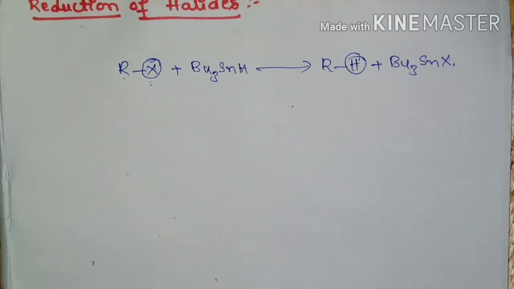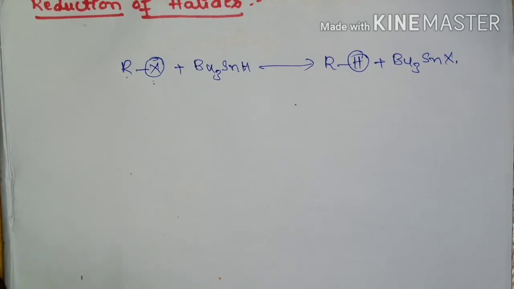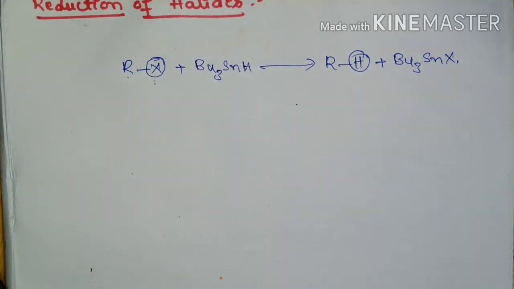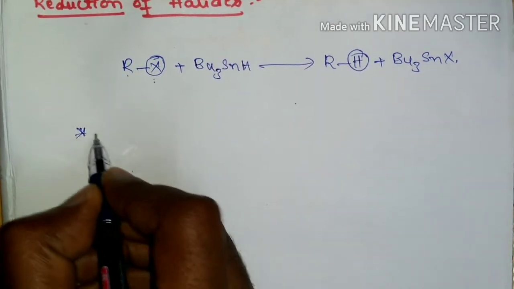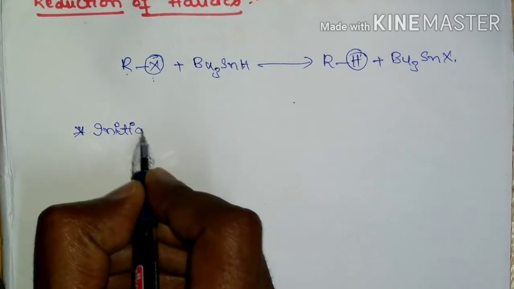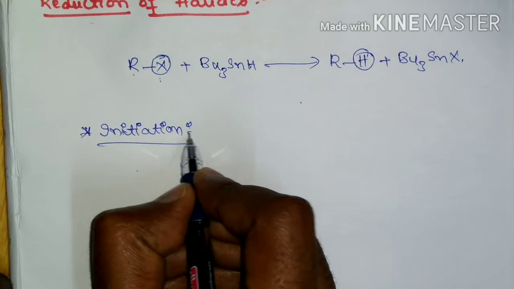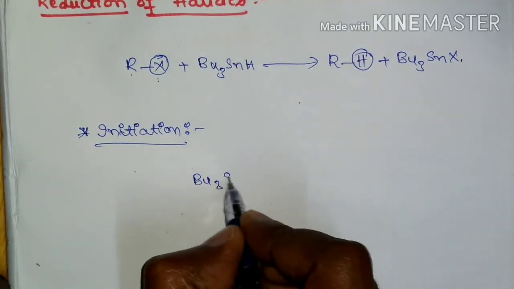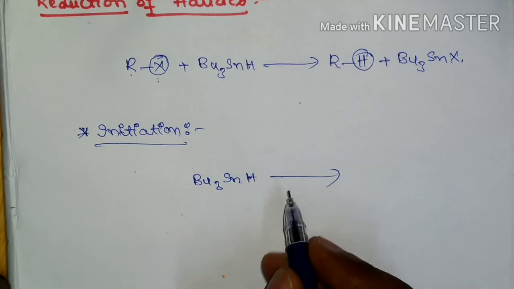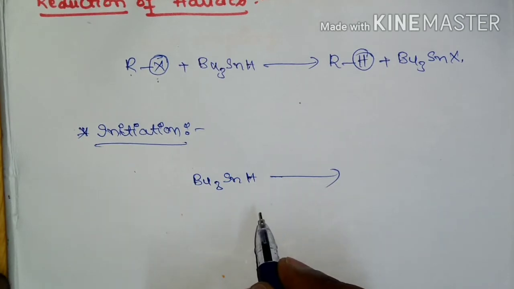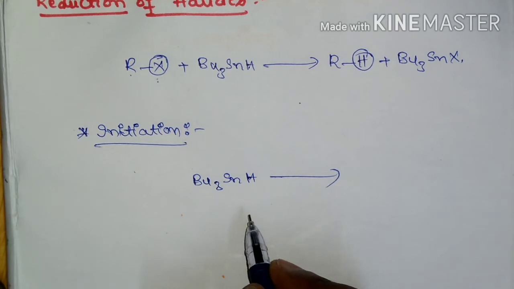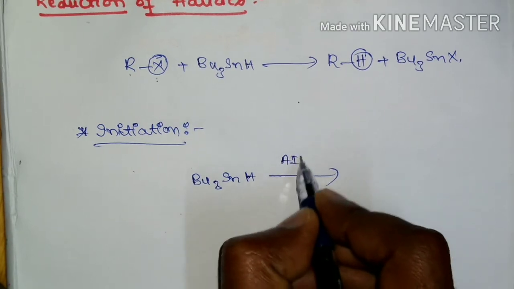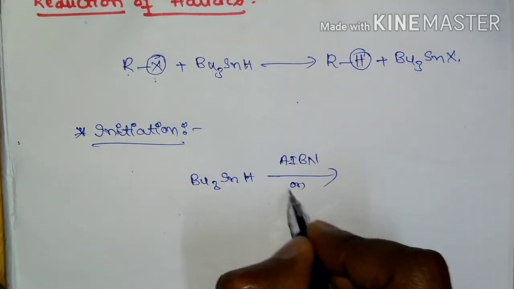And how this reduction of halide takes place, as we have discussed earlier, is through the free radical mechanism. In the free radical mechanism, we know it takes place in 3 steps, first is initiation, that is tributyl tin hydride is first initiated by using initiators like AIBN, or we can use UV light.